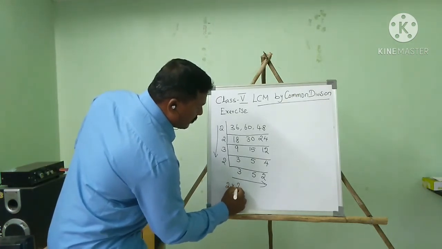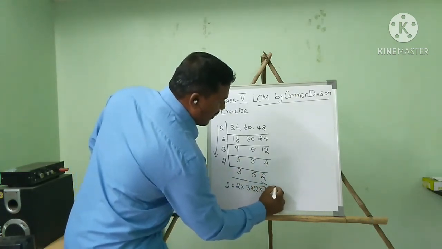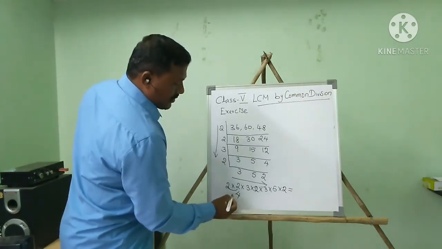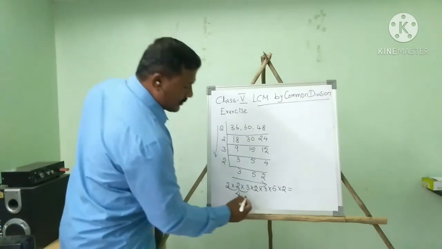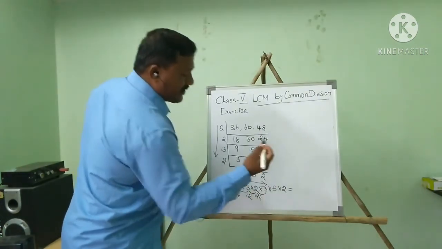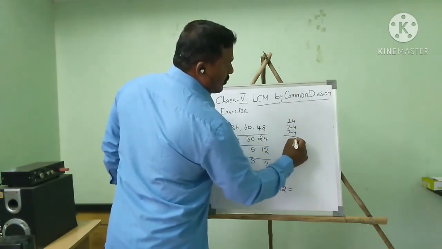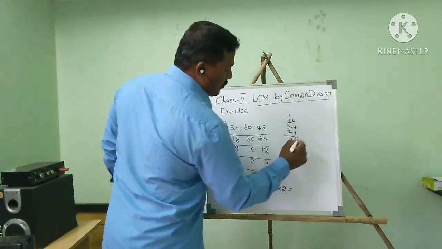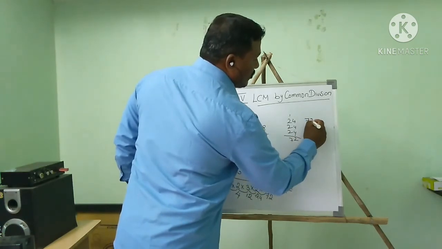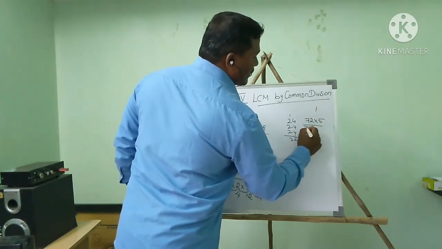So 2 into 2 into 3 into 2 into 3 into 5 into 2. 2 2's are 4, then 4 3's are 12, then 12 2's are 24, 24 into 3 is 72, 72 into 5 is 360.